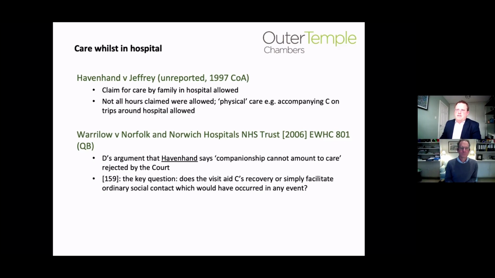It can be inferred from the judgment of Lord Justice Beldam that a physical aspect was required for the care to be recoverable, but mere companionship was less likely to be recoverable. Mr. Justice Langstaff, in the case of Warrilow and Norwich Hospitals NHS Trust, considered this issue further and rejected an argument that Havenhand laid down any principle that companionship cannot amount to care.